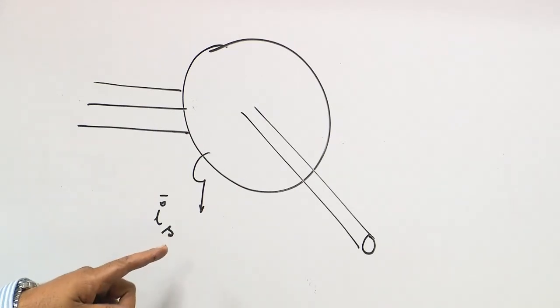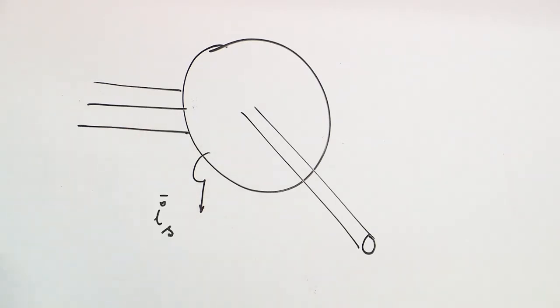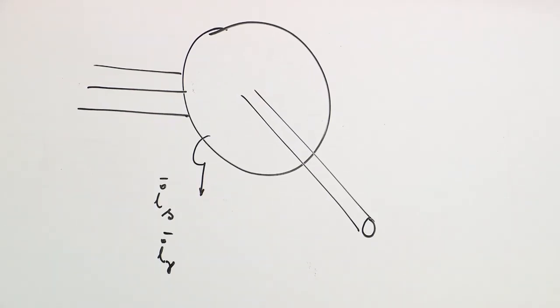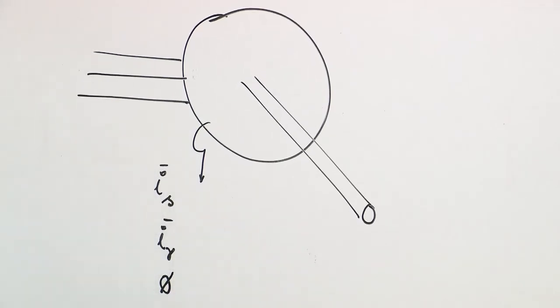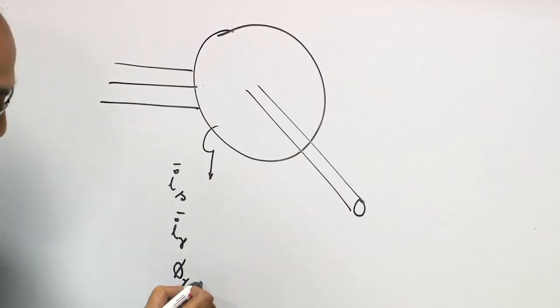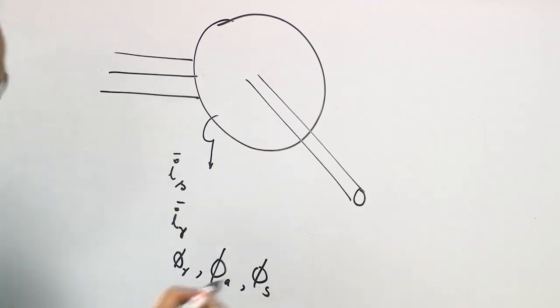So, this can be decomposed into IA, A phase, B phase, C phase. Together I am saying IS, because A, B, C are tightly coupled. If I know one, I will be able to know the others. I could have rotor currents, a vector, or I could have the flux of the rotor, or flux of the air gap, or flux of stator.